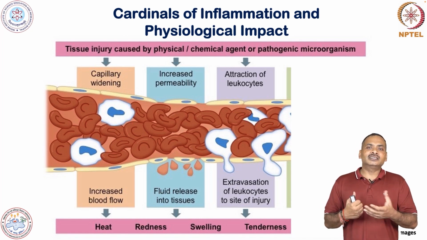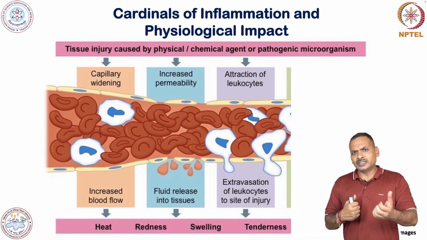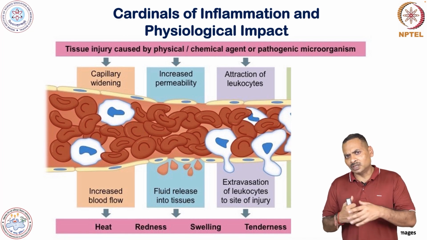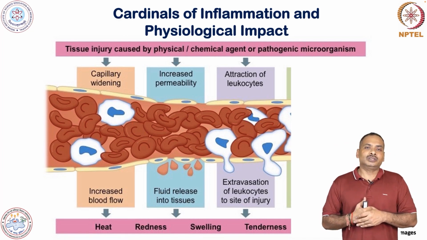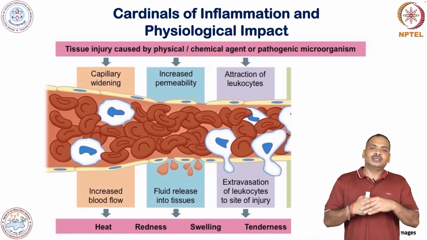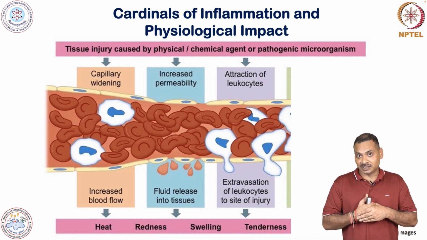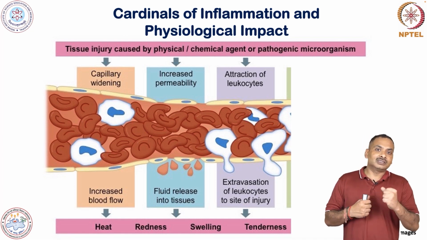When there is leukocyte movement from the blood vessel to the surrounding tissue, the chemokines come into action, and these chemokines facilitate the movement of white blood cells, which is very important. That will cause a kind of pain.